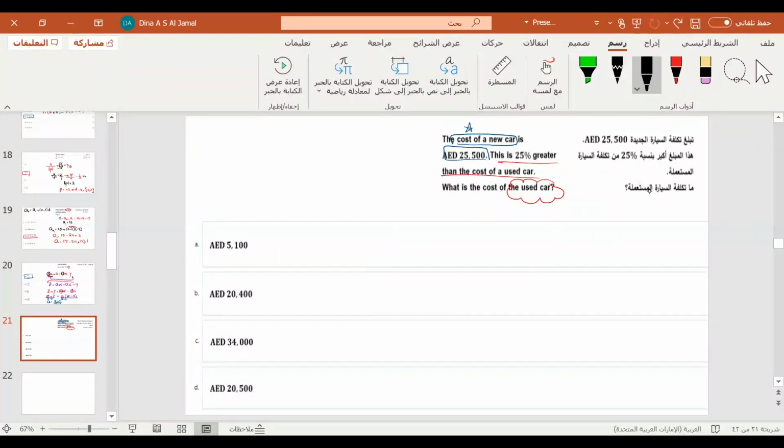So we can use the percent of change: new minus old over old equal to the percent, or x% over 100.